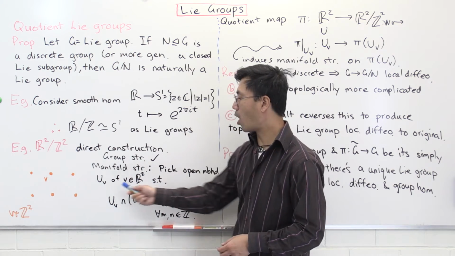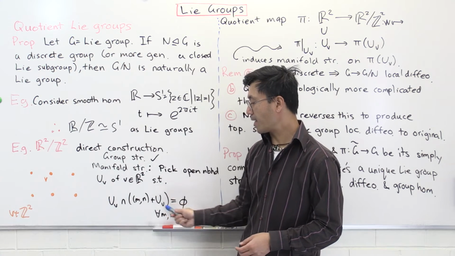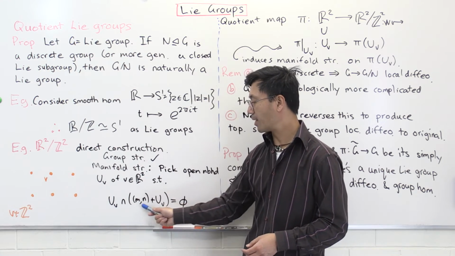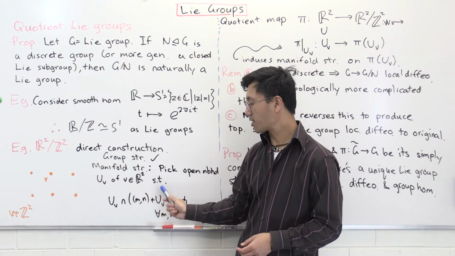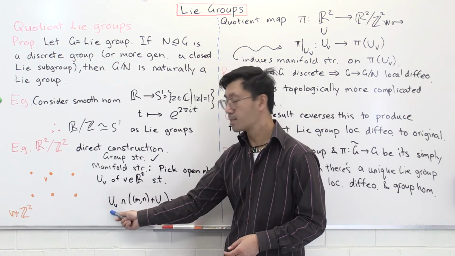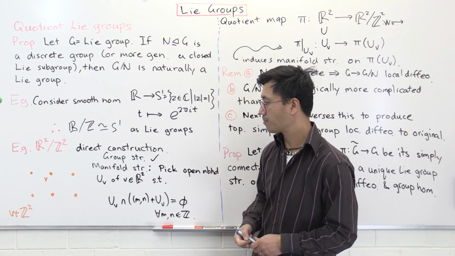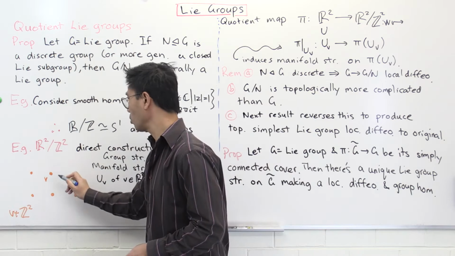So we're going to pick an open neighborhood U_V such that if you translate by any lattice point, so m and n here are integers, you translate this U_V by (m,n), this translate will not intersect U_V. The intersection will be empty, in other words. So this U_V will be something like this.